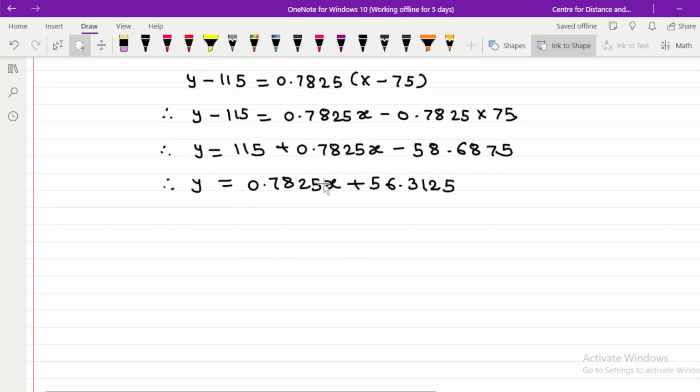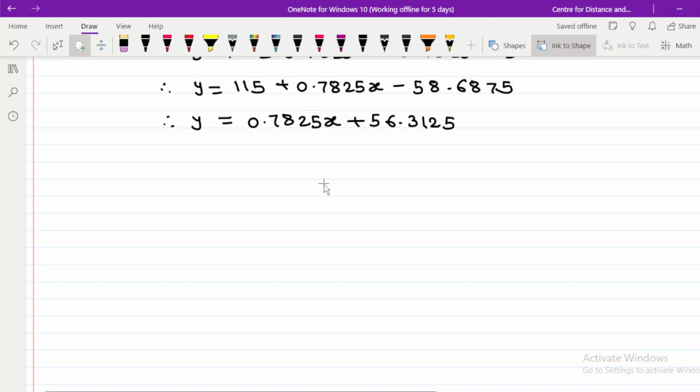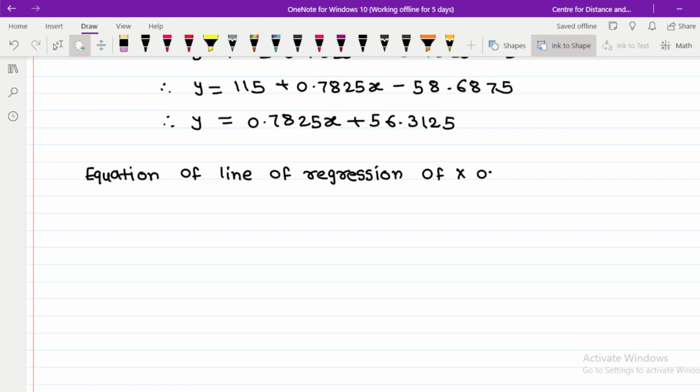In the same way, we calculate the equation of the line of regression of x on y, that is x minus x bar is equal to bxy into y minus y bar.